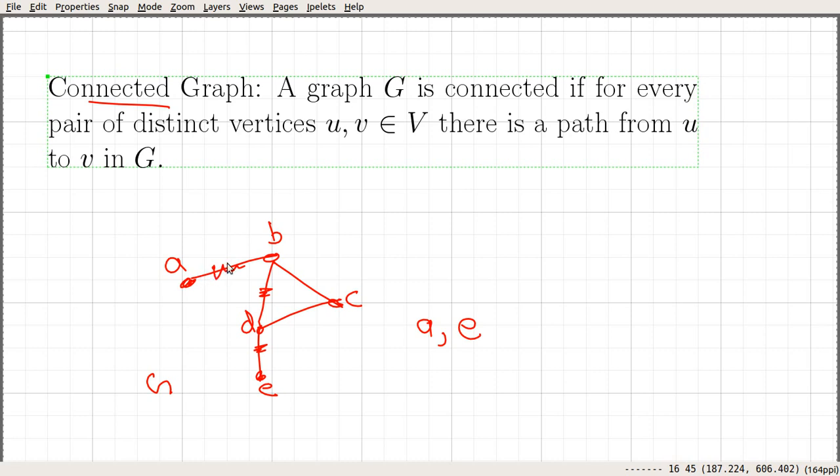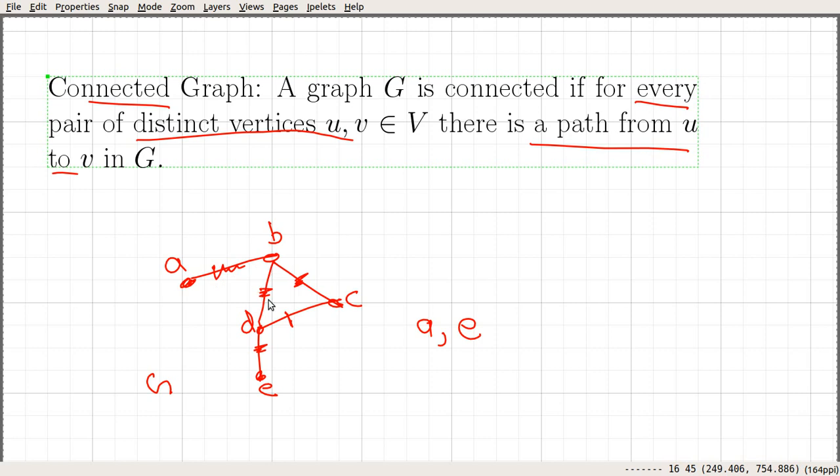For example, you can go from A to B, from B to C, from C to D, and D to E. The only thing is that there exists a path from u to v. For every pair of distinct vertices u and v, if you are able to find such a path, then we call that graph a connected graph.